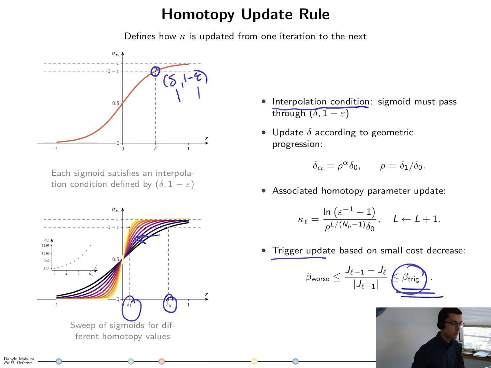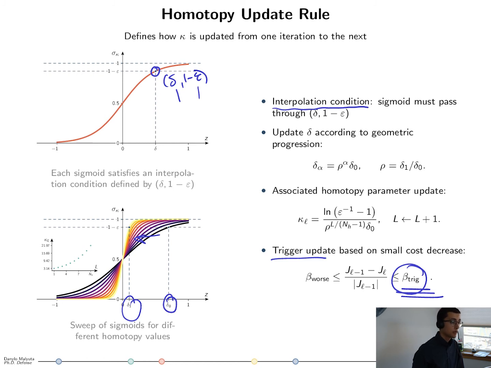If it decreased in relative terms by less than this beta trig parameter that the user sets, then we judge that the algorithm is converging to a local optimum. It's somewhere close. And that means that it's a good time to update the homotopy parameter. Okay. If it doesn't, then we don't update it and we keep it the same.